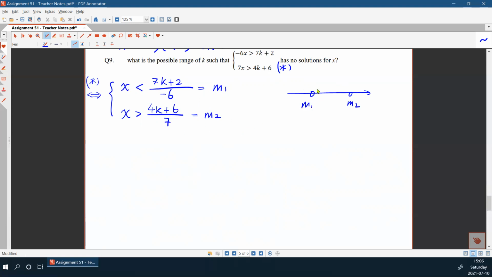In this situation, x is smaller than m1 and larger than m2, there is no overlapped area. So in this situation, there's no solution, right? So if m1 is smaller than m2, there is no solution, right?